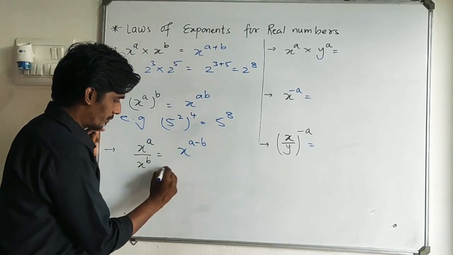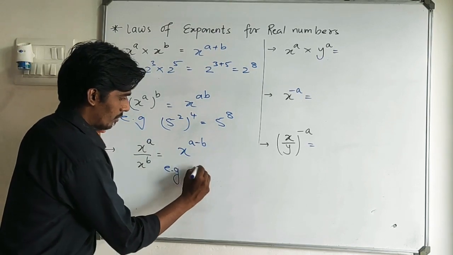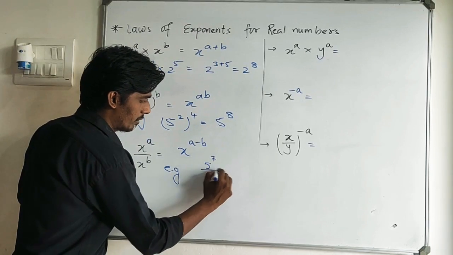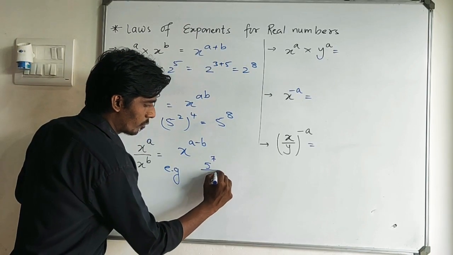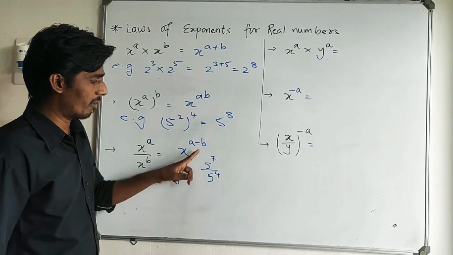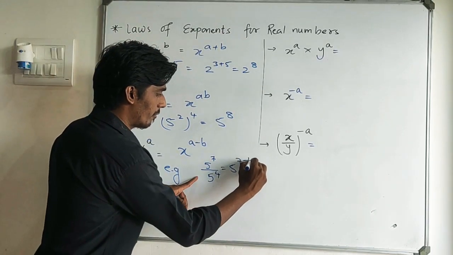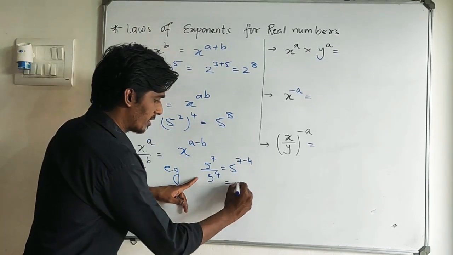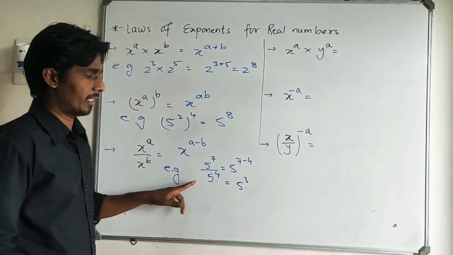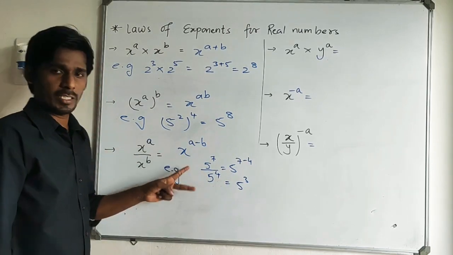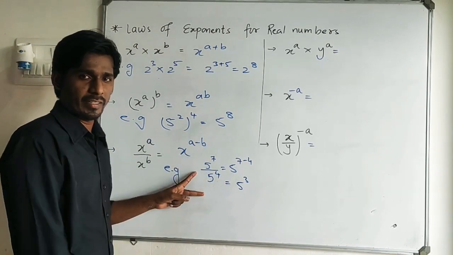For example, 5 raised to 7 by 5 raised to 4. यहाँ पे बड़ा पावर कहाँ पे? न्यूमरेटर में. तो ये क्या हो जाएगा? 5 raised to 7 minus 4, and this is equal to 5 raised to 3. 7 minus 4, that is what? 3. Now this is possible if the numerator power is greater.